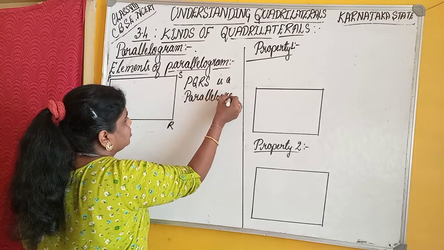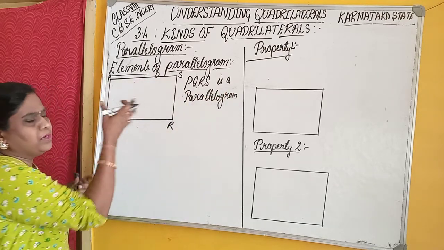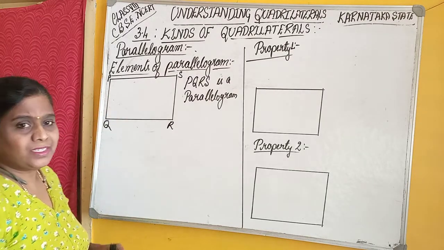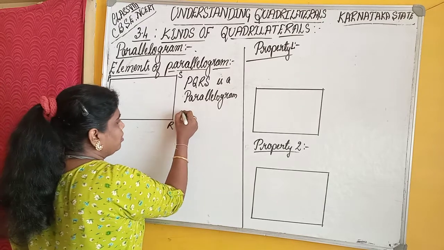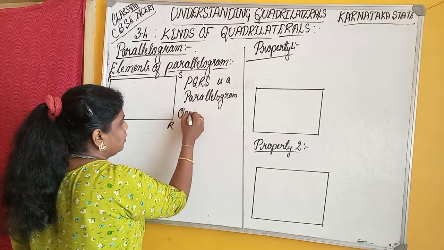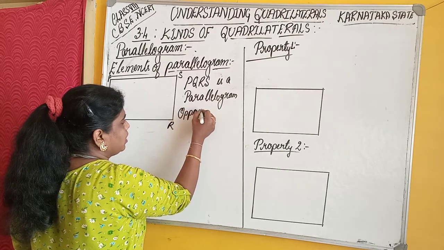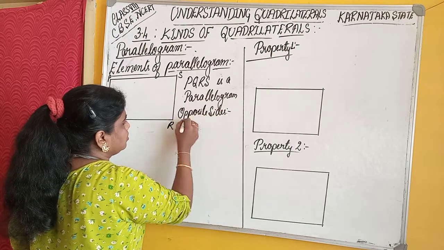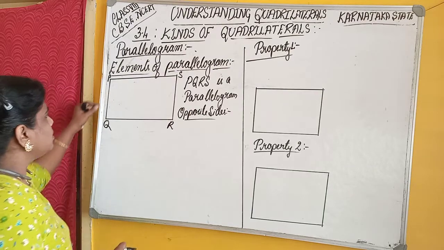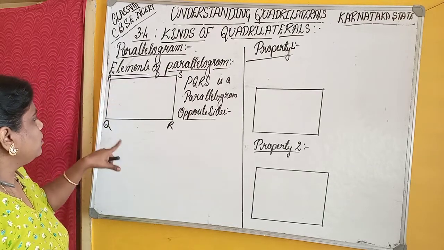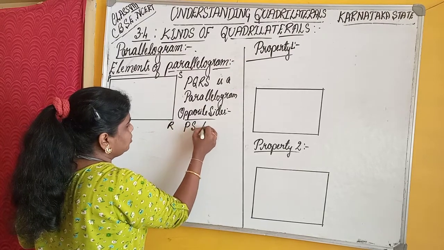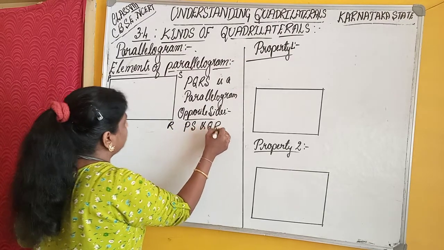In that, let us study the elements. What are those? Here, the elements are opposite sides. What are opposite sides? Look at the picture. Come on, name the opposite sides. Here, PS and QR are opposite sides.